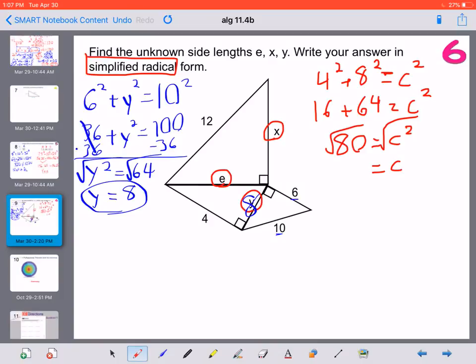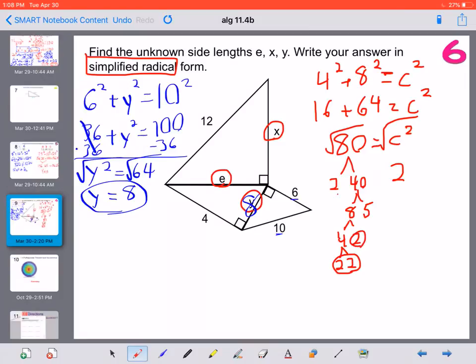So what I need to do is simplify the square root of 80. Now I know that 80 can be split up into 2 and 40. I know that 40 can be split up into 8 and 5, and 8 can be split up into 4 and 2, and then 4 can also be split up into 2 and 2. So I'm looking for pairs. I see a pair of 2's, so I have 2.